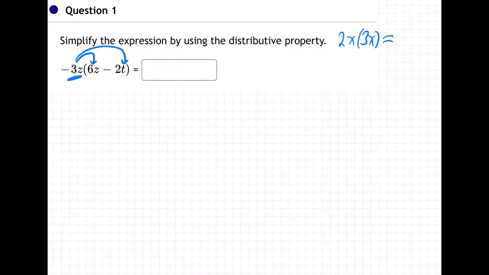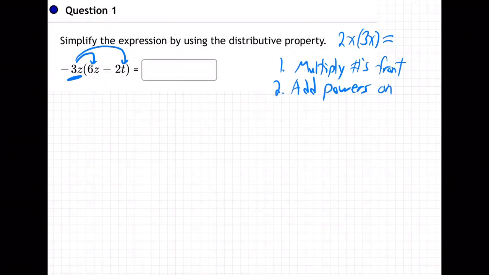So the rule is, step one, you multiply the numbers in front, and part two, add the powers on same letters.